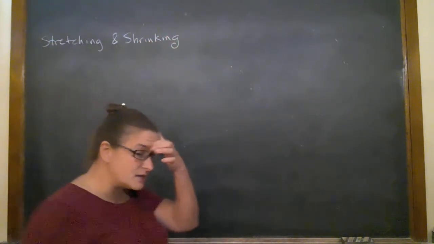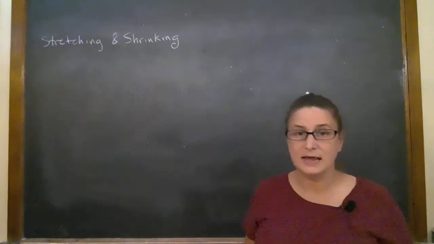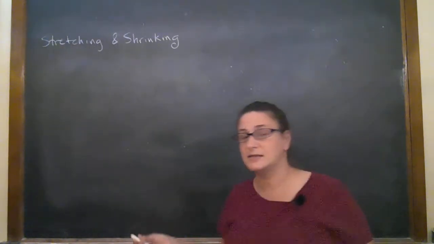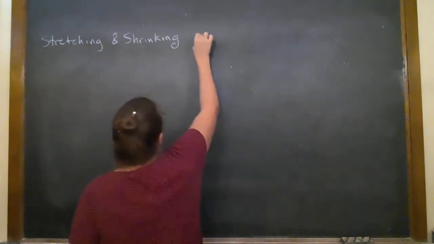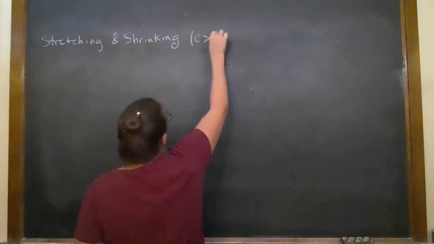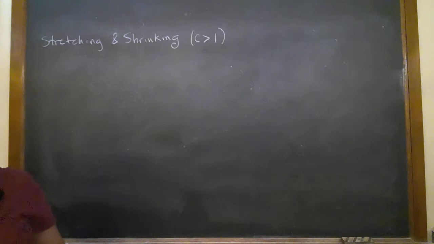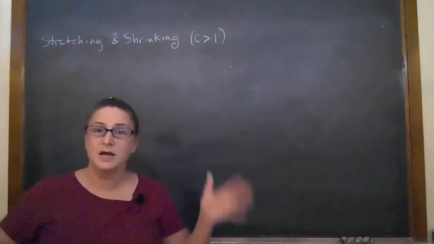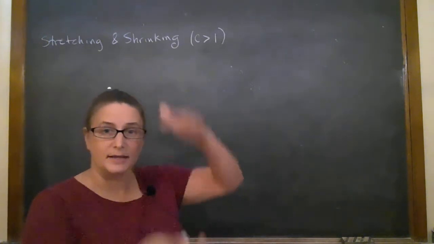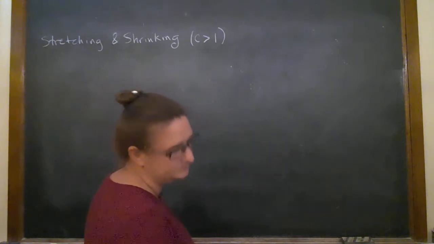For stretching and shrinking, I'm going to take a positive c, in fact c greater than 1. And instead of using y equals x squared, I'm going to use sine of x, because it's easier to see when it gets stretched or shrunk.